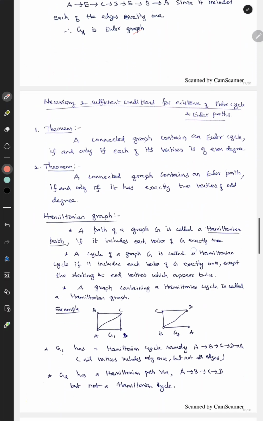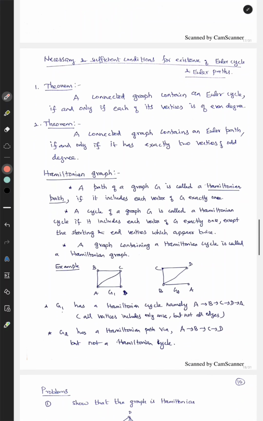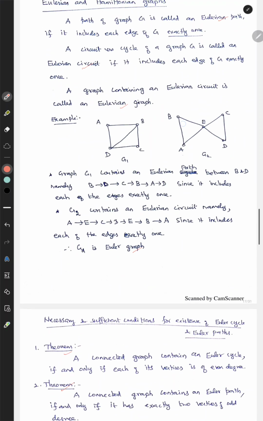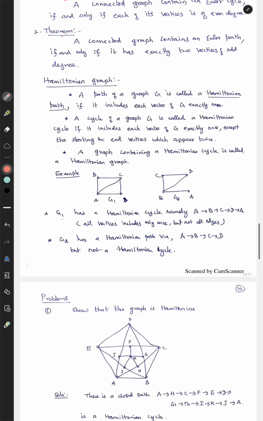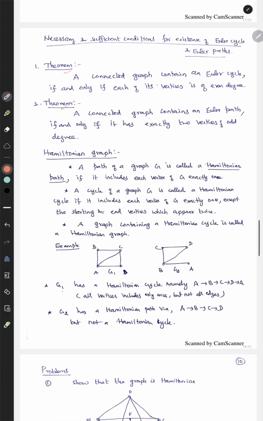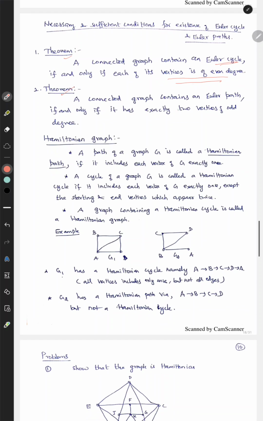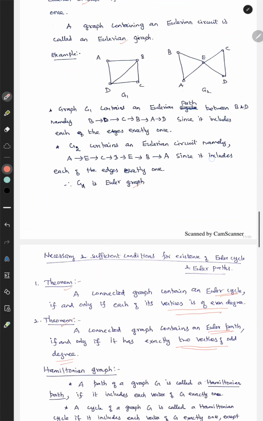Now the necessary and sufficient conditions for the existence of Euler cycles and Euler paths. We have 2 theorems. For Eulerian graphs and Hamiltonian graphs, for both we require connected graphs only. In connected graphs only it is defined. For a connected graph, it will contain an Euler cycle if and only if all of its vertices are of even degree. This is one characterization. Another result is that a connected graph contains an Euler path if and only if there are exactly 2 vertices of odd degree. That was the case for the previous example.